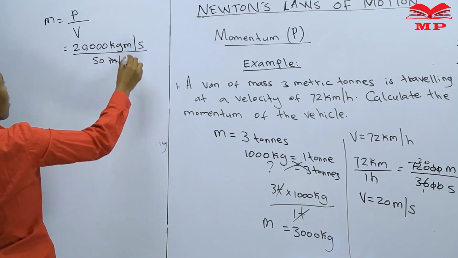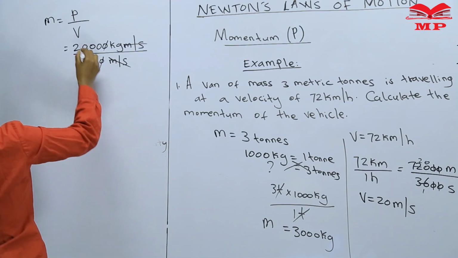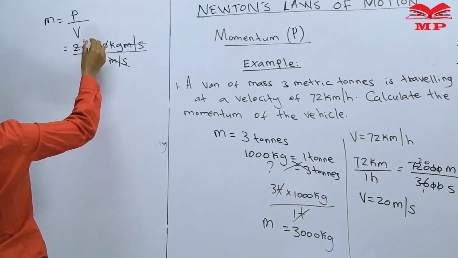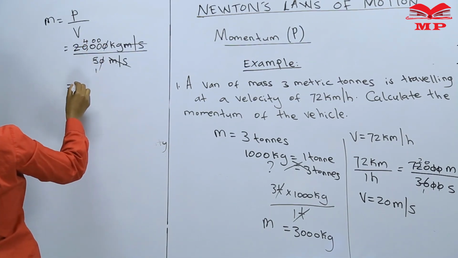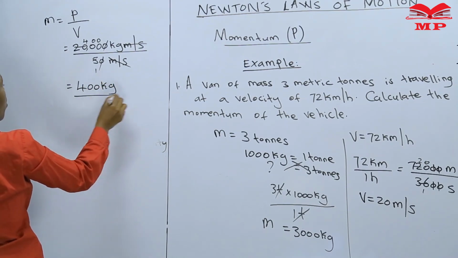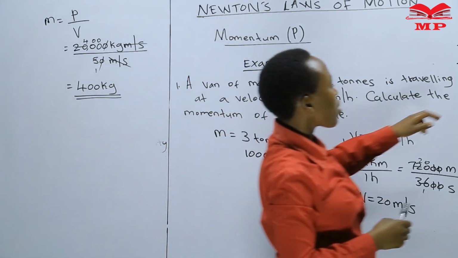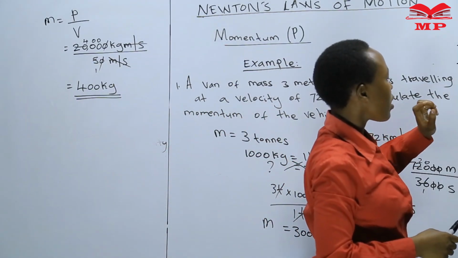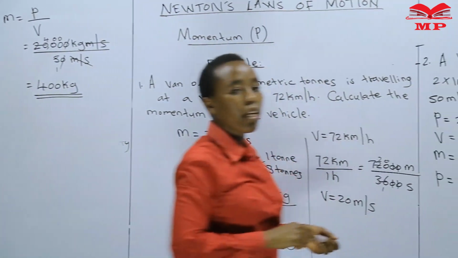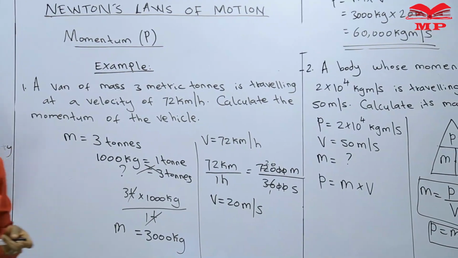The meters per second will cancel. Then we cancel by 5: 5 into 20,000 gives 400. And therefore our mass is 400 kilograms. That is the mass of the body whose momentum is this and which is traveling at 50 meters per second.